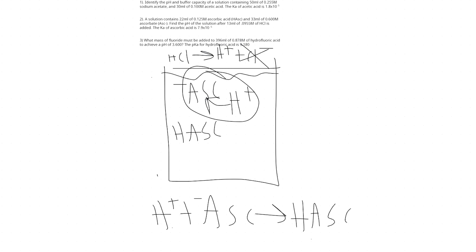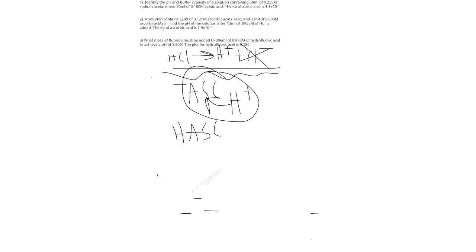So basically, the more HCl you add, the lower the concentration of ascorbate becomes, and conversely, the higher the concentration of ascorbic acid becomes because it's reacting. As a result, your pH will be lower than before you added the acid. Conceptually, that should make sense.